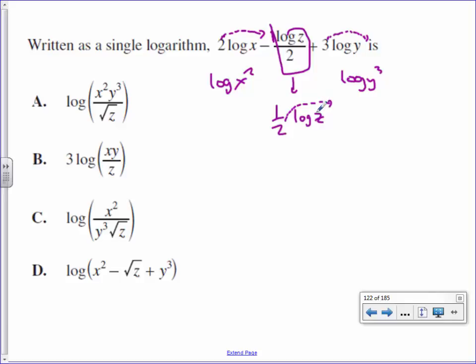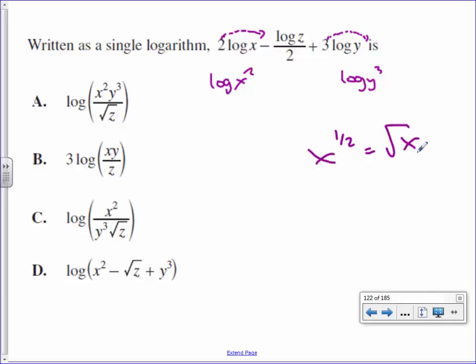It makes it a square root. Square roots are 1/2s. Wait, what? Okay, I lost you. Okay, so if you ever have like x to the 1/2, it means it's the square root of x. Remember this rule? Yeah. That one for sure you need to know.